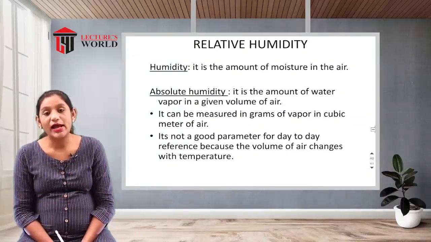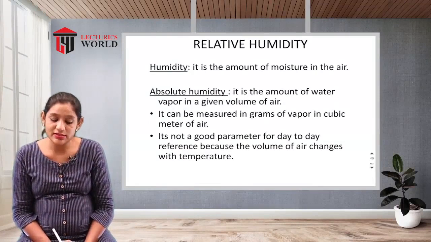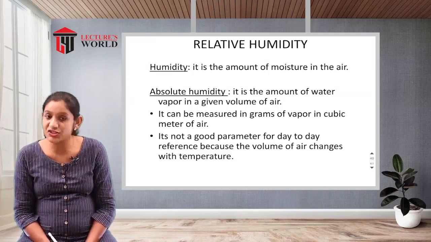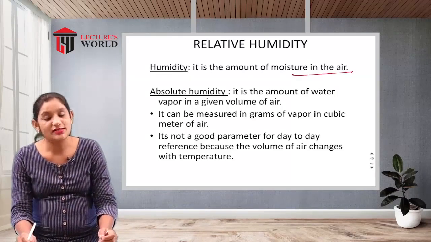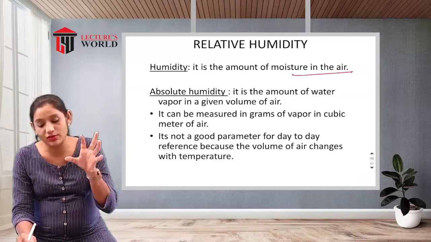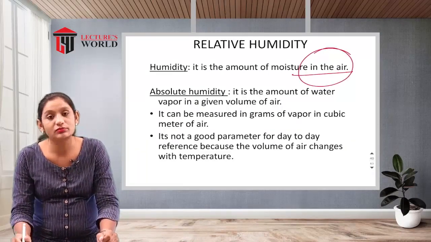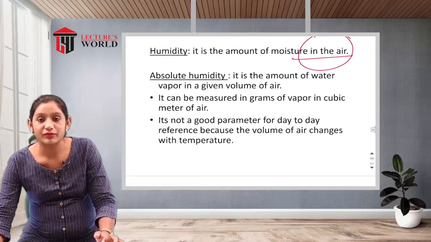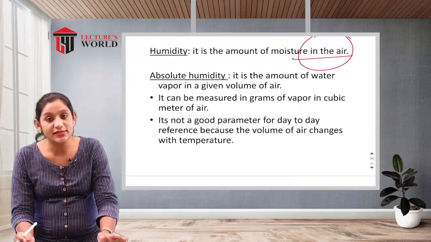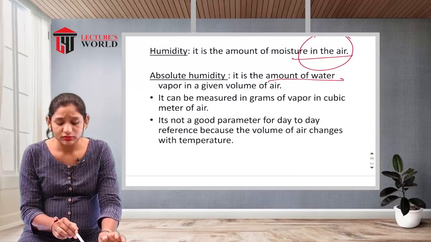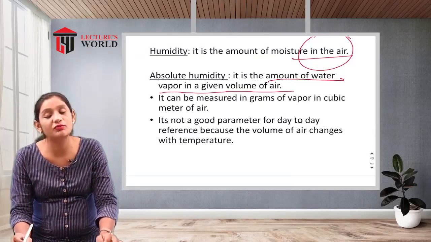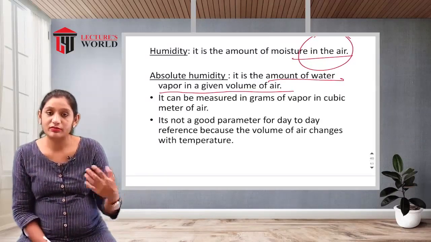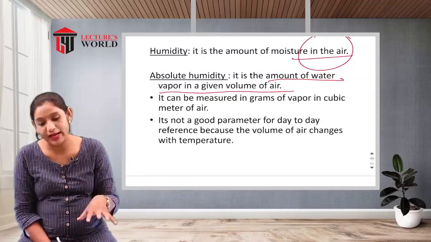Next one, relative humidity. Humidity is the amount of moisture in the air. Absolute humidity is the amount of water vapor in a given volume of air.